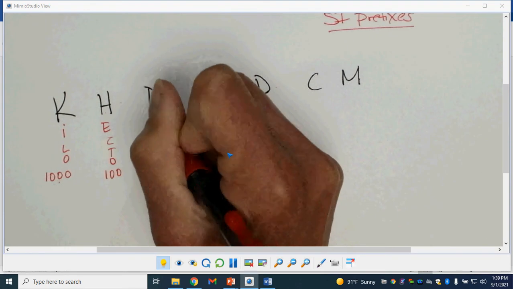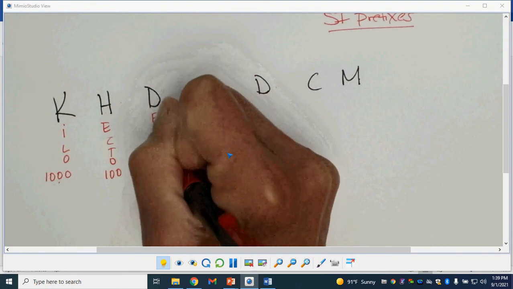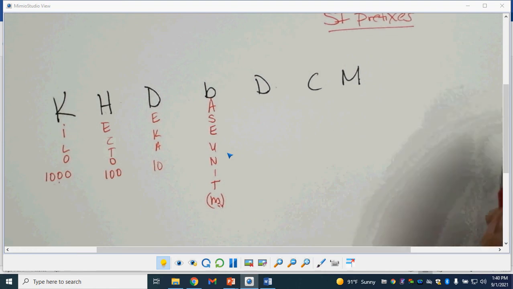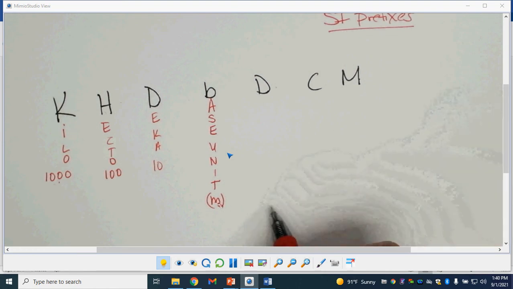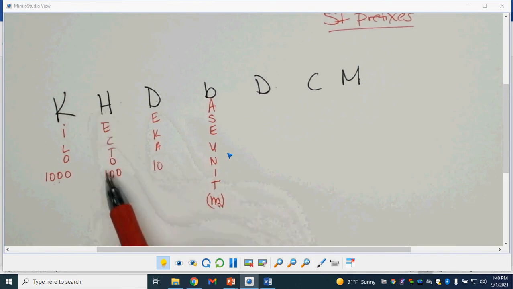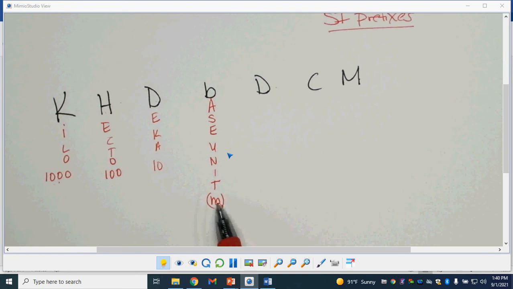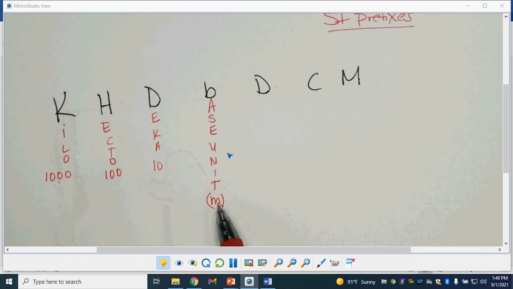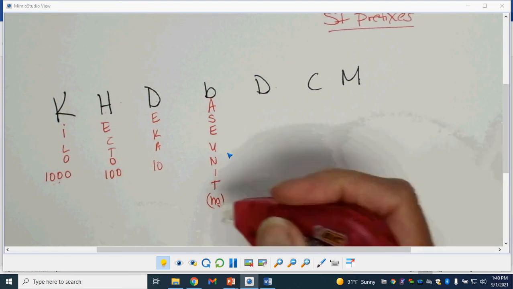D on this side is deca, and that means 10. Again, if I have 1 decameter, I'm going to have 10 meters. If I have 1 hectometer, I'm going to have 100 meters.